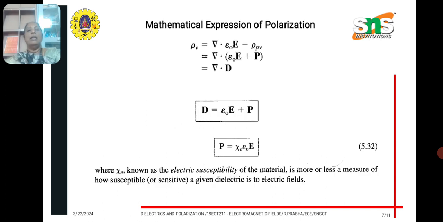The displacement density vector D is given as D equal to epsilon naught E plus the polarization P, and the polarization P is given as Xe epsilon naught E. This Xe is called the electric susceptibility of the material, and it is a measure of how sensitive a given dielectric is to electric fields.